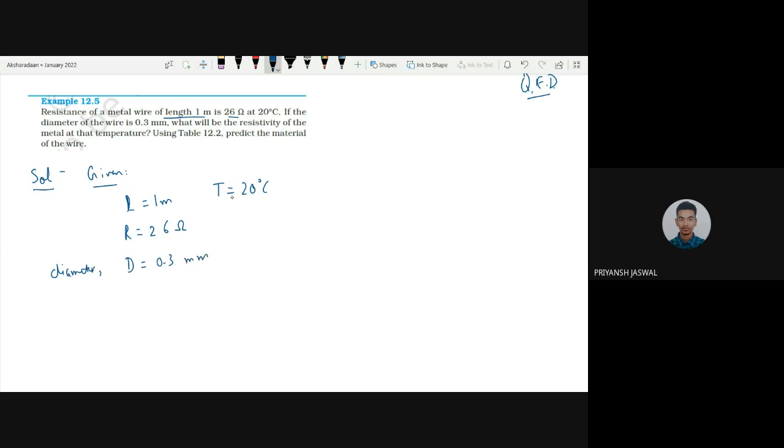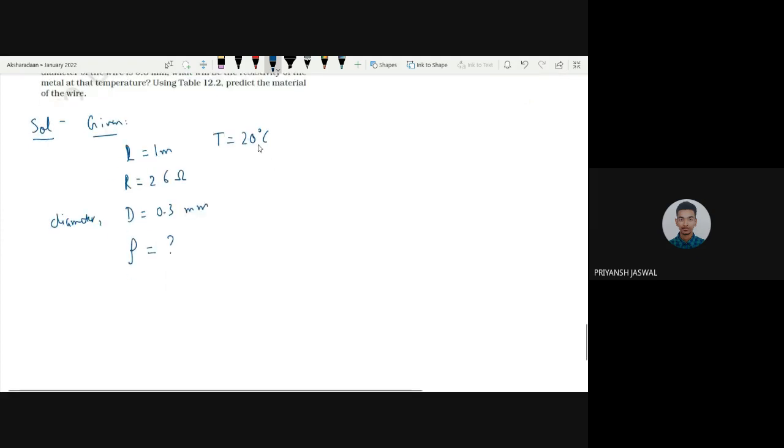We are asked to find the resistivity at this same temperature. Using the table 12.2, predict the material of the wire also. Once we get the value of rho, we have to check which material has this much value.